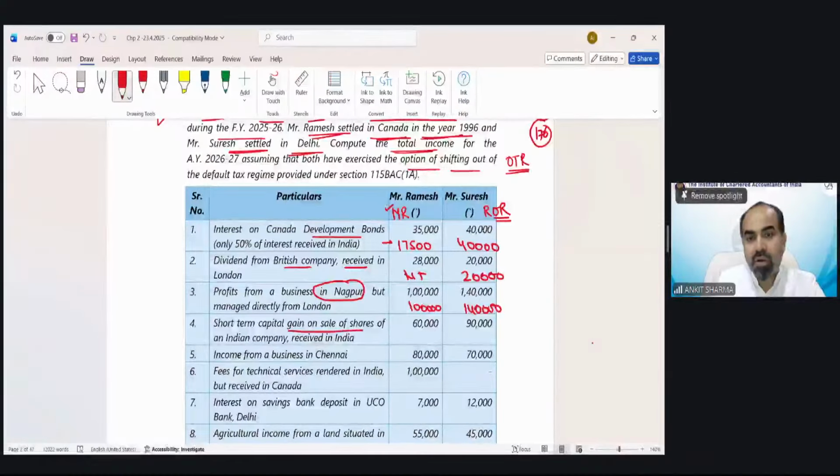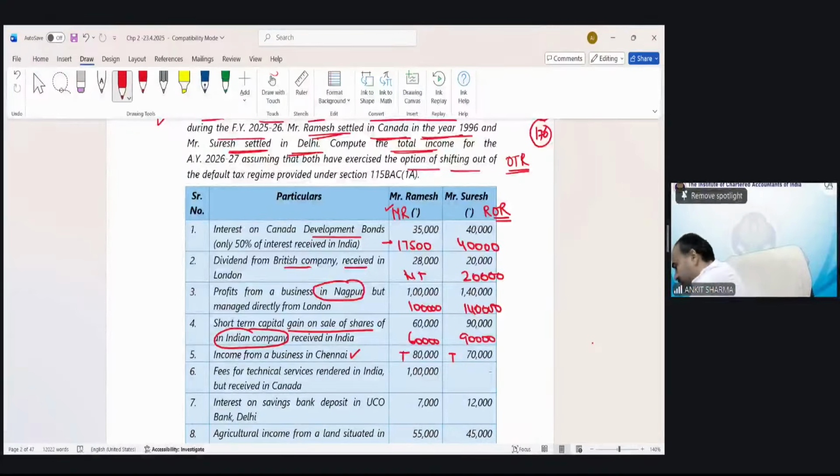Short-term capital gain on sale of shares of an Indian company: again, Indian company, deemed to arise in India, taxable for all. 60,000, 90,000. Income from business in Chennai arises directly in India, taxable for both. Fees for technical services rendered in India: if services are rendered in India, that means it arises in India, taxable.